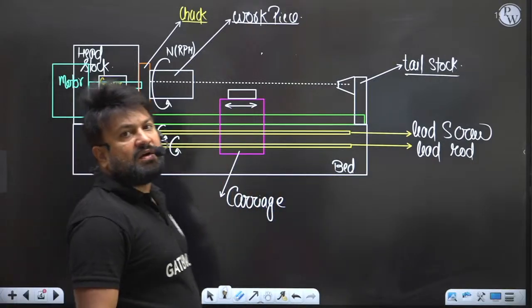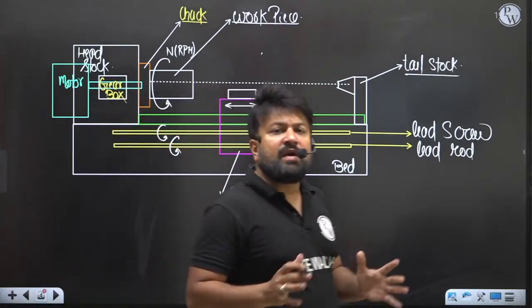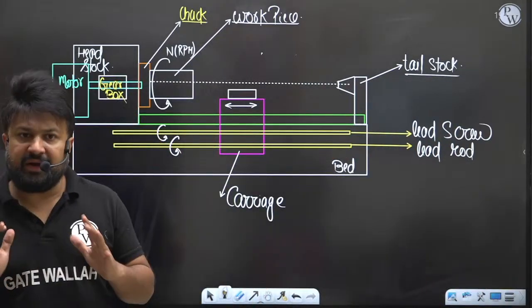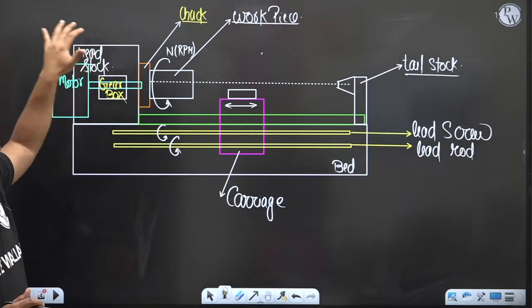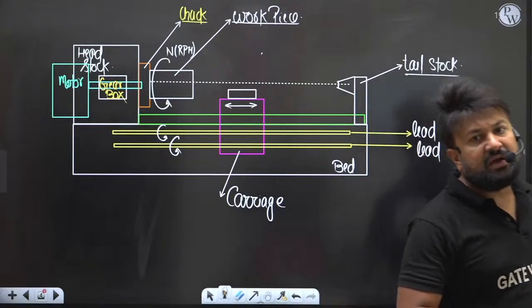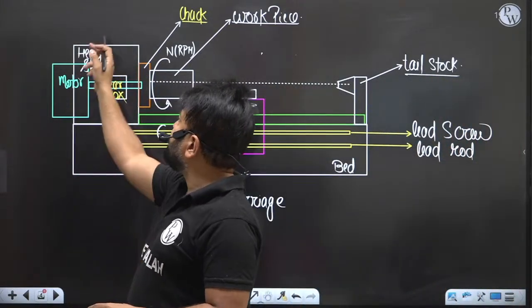The tool is typically moved parallel to the axis of rotation of the workpiece during cutting. Here you can see this is the headstock. This end of the lathe, I'm talking about this end of the lathe, that is what?